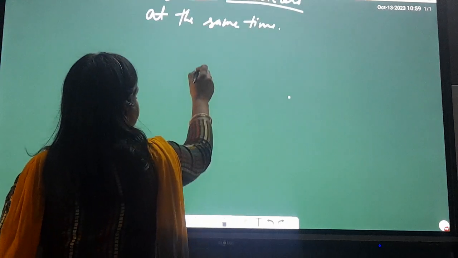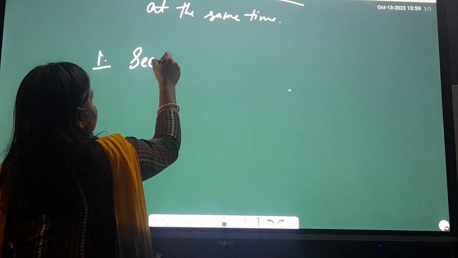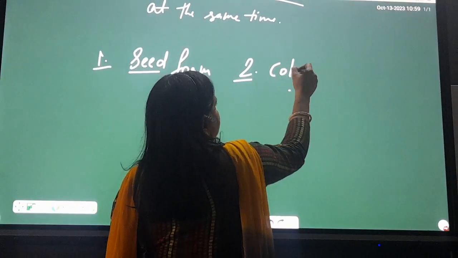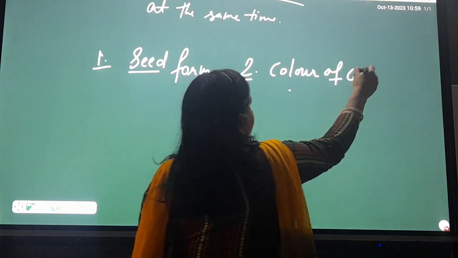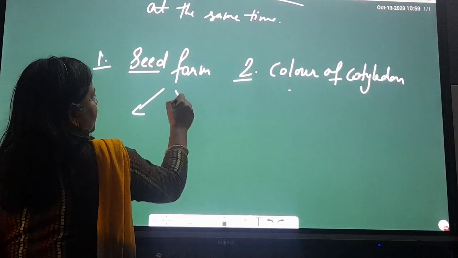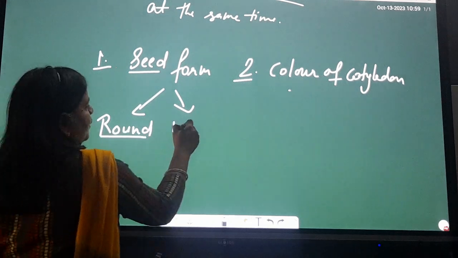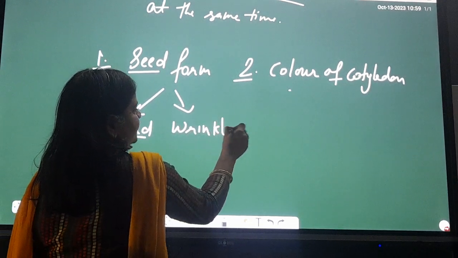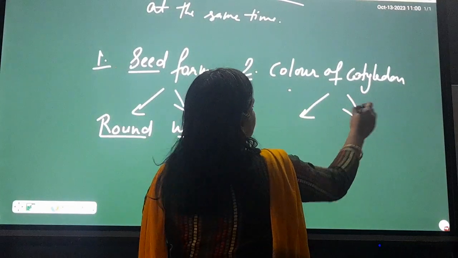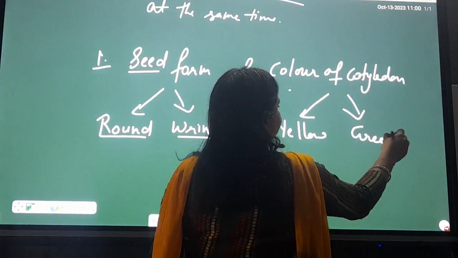For his experiment, he considered one character, the seed form, and another character, the color of the seed. In seed form, he took two contrasting characters, round and wrinkled, and in color, the contrasting traits were yellow and green.